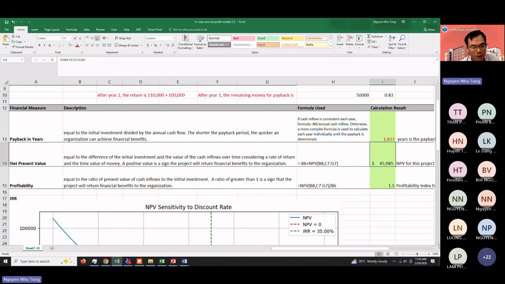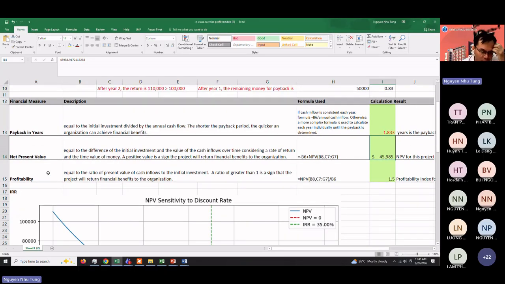The third financial measure is the profitability index, equal to the ratio of the present value of cash inflow to the initial investment. A ratio greater than 1 is a sign that the project will return financial benefits to the organization.